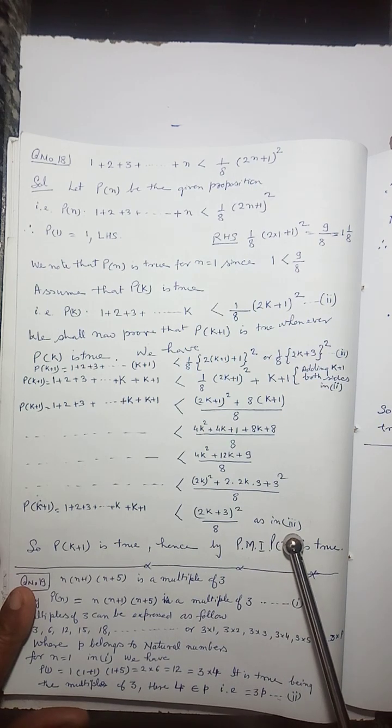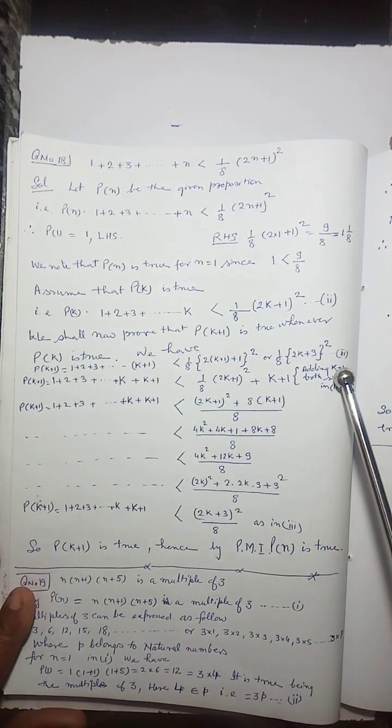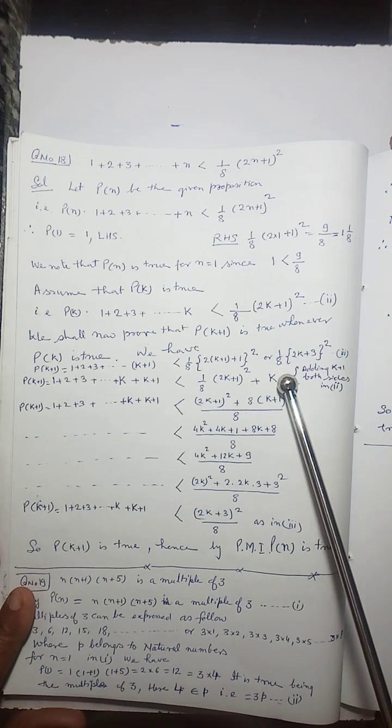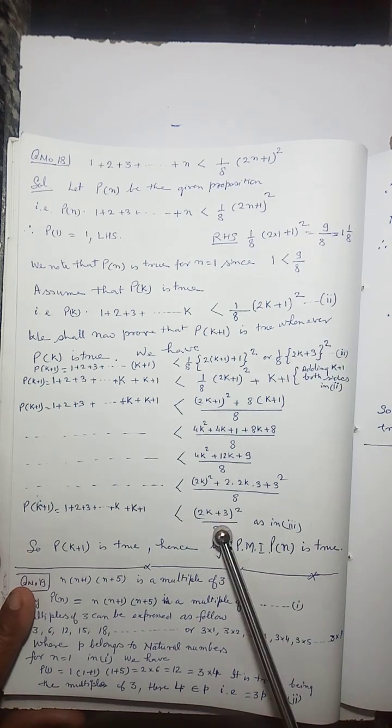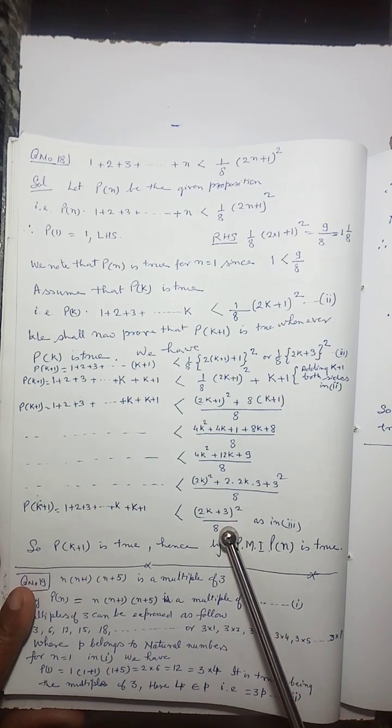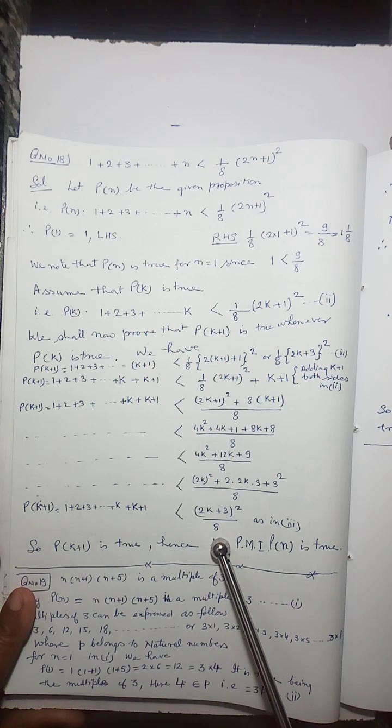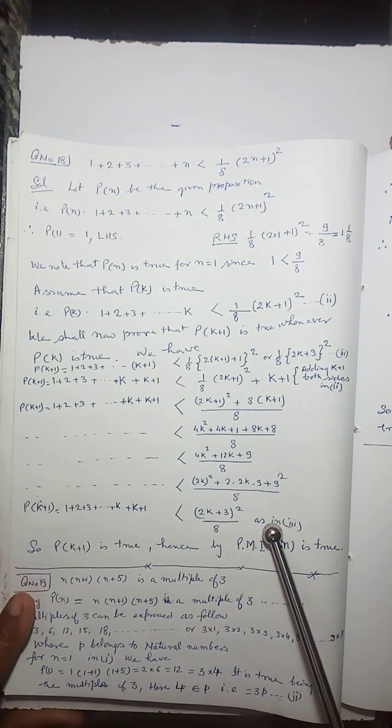As in the third, I have already stated that it is equal to 1 by 8 (2k+3) whole square. So (2k+3) whole square divided by 8 is on the right hand side here.